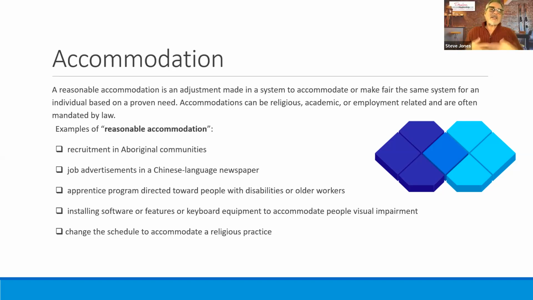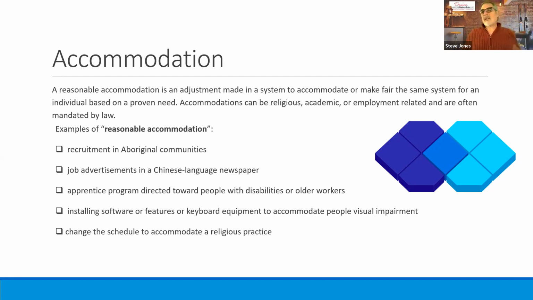And if it affects them under one of the 11 areas of prohibited grounds, we ask, how do we accommodate the person? Very often, particularly in a more legal setting, we use the words reasonable accommodation, with reasonable in front of accommodation, not just accommodate, because accommodating a person doesn't necessarily have any limits to it.